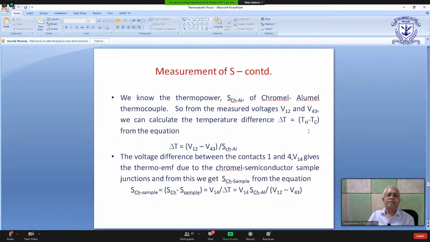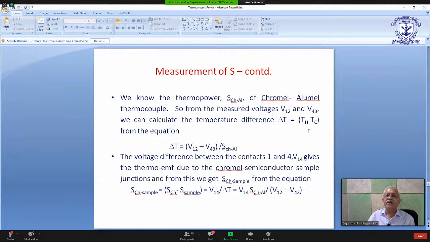Next, what we do is, see, certain junctions are taken as standard. Okay, so we may know the thermopower or Seebeck coefficient of chromel alumel thermocouple. So from the measured value of V12 and V43, you take the difference of the second equation with respect to the first equation.